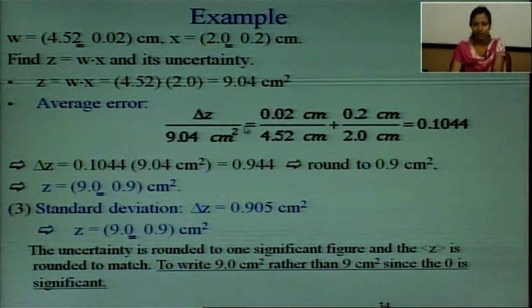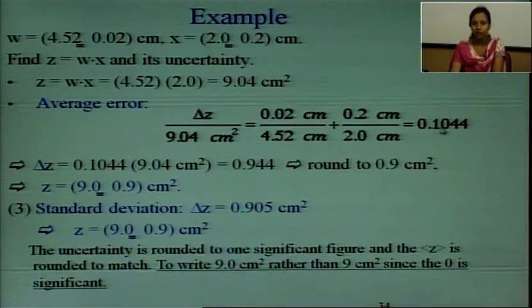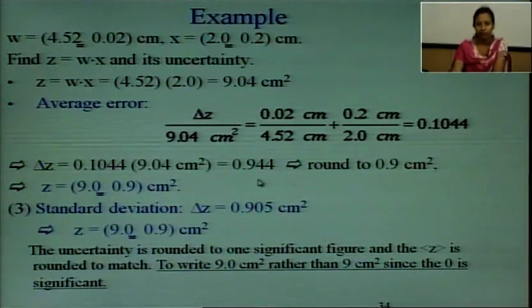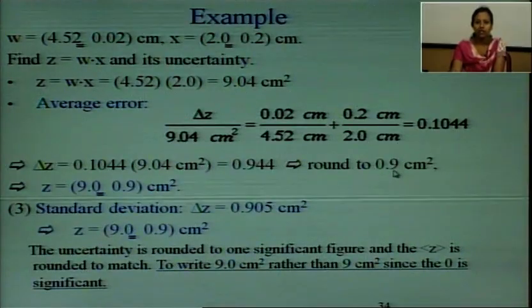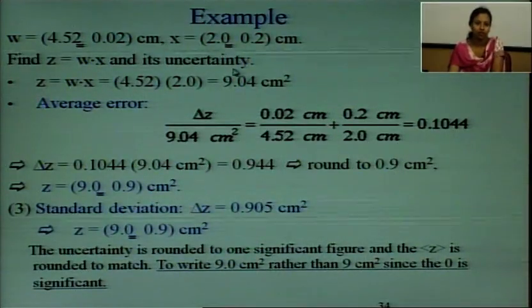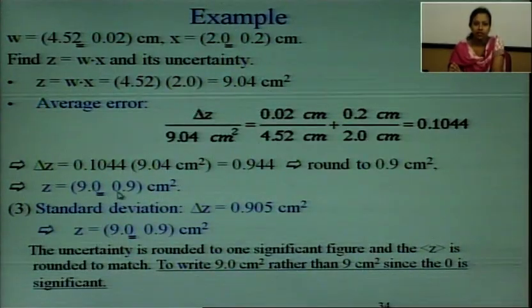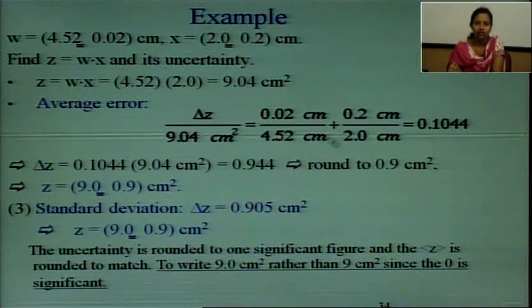So the average error is 0.1044 into 9.04, which is equal to 0.944, and rounded to one digit, it is 0.9. So the value is 9 plus minus 0.9. Here one thing to be noted is that this value is up to 1 decimal.